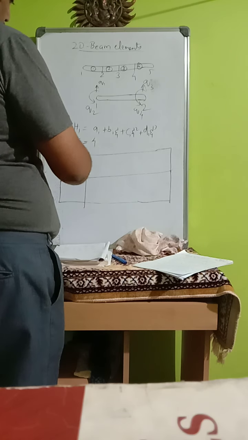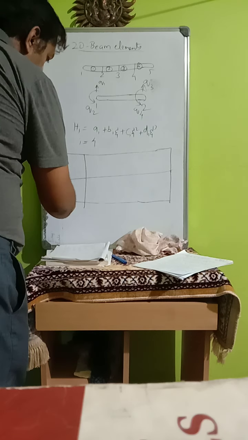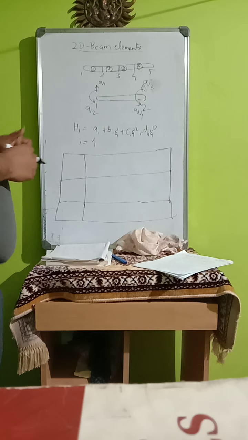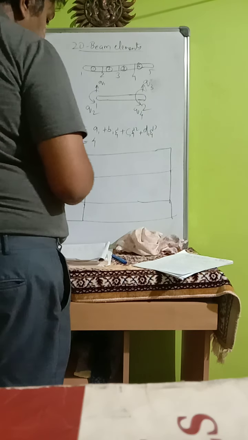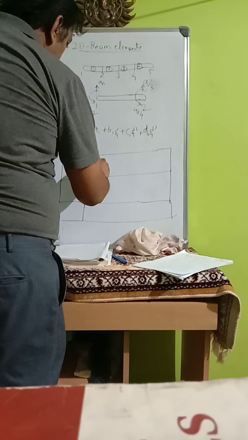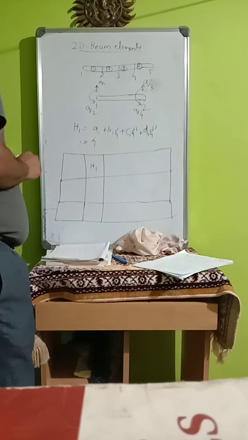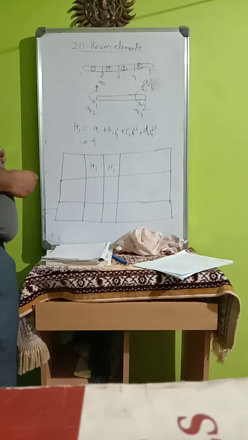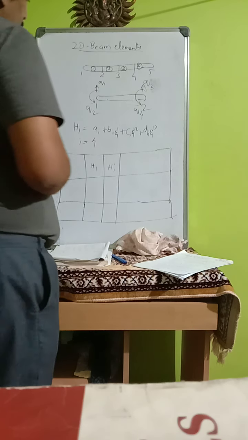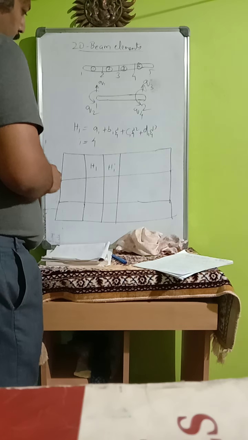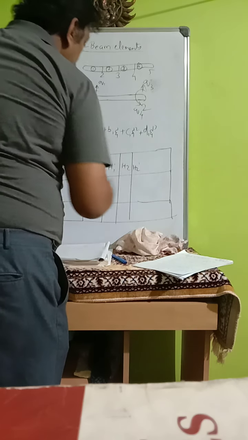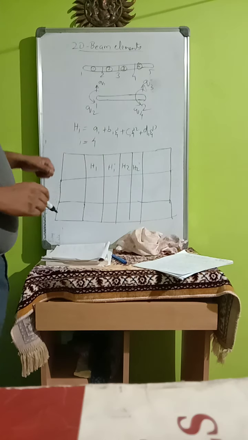Now, with respect to the natural coordinate system, to derive the functions we will consider h1 and h1 dash, that is the derivative of h1, and again h2 and h2 dash.